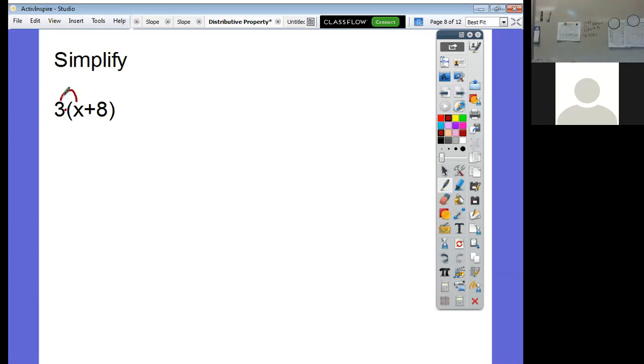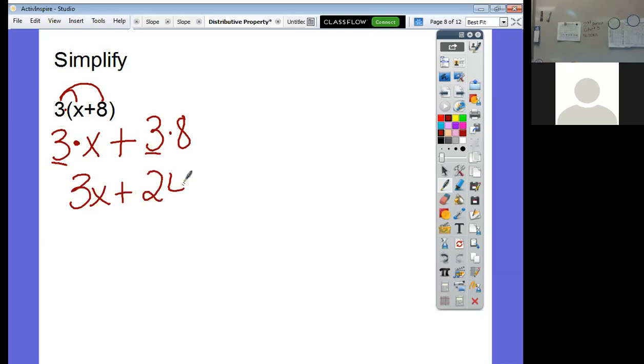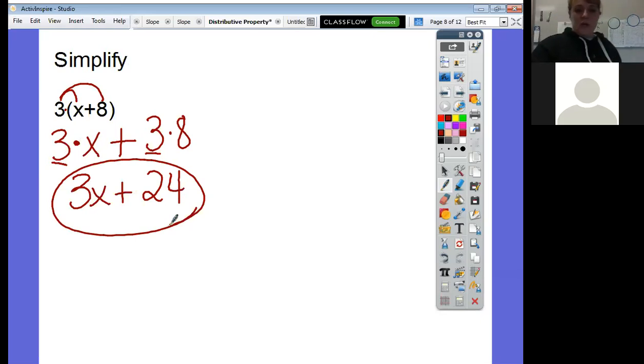So bottom, bottom. So it's 3 times x plus 3 times 8. So my 3's are the same, right? So 3 times x is 3x. 3 times 8 is 24. Done. Nothing else you can do. All right, you just simplified it. Congratulations.